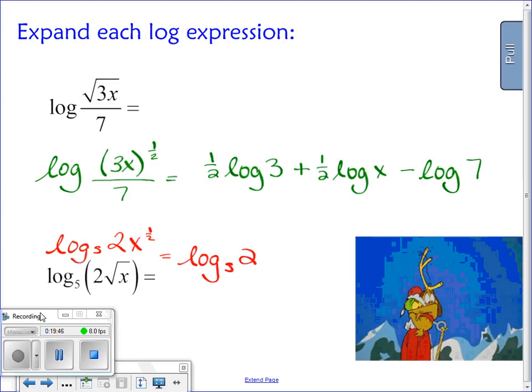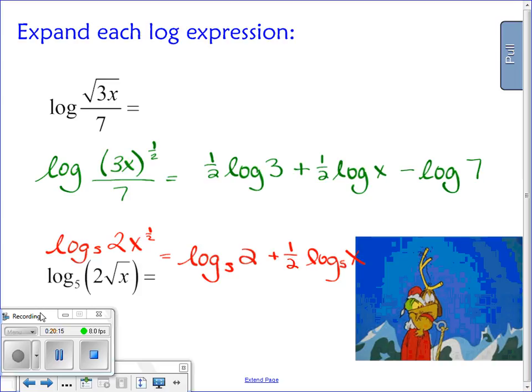And what? Good. 1/2 log base 5 of x. Can you explain that? My 2 looks a little funny. Is that what's throwing you?